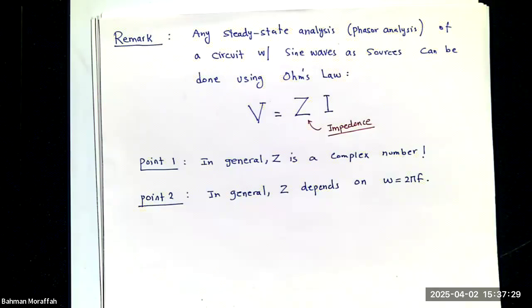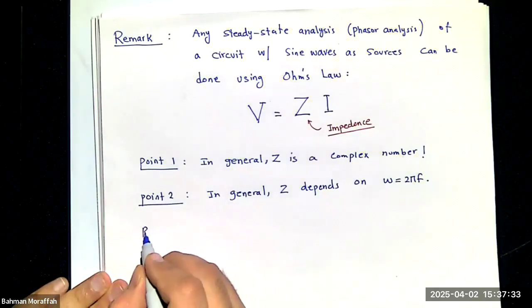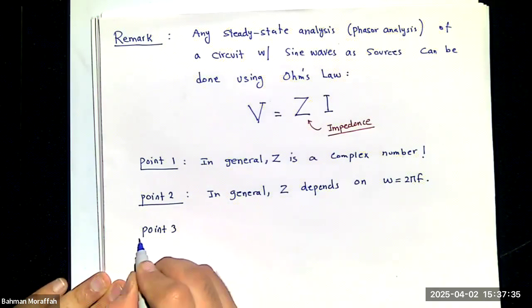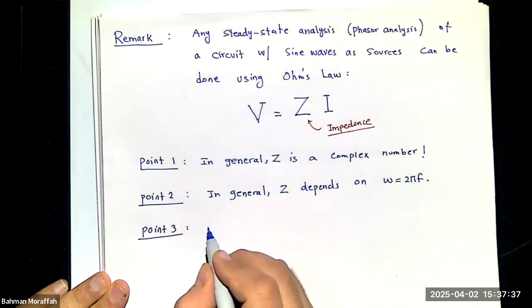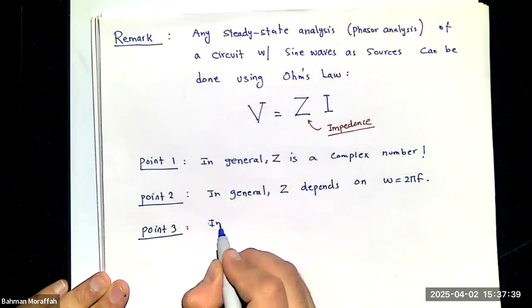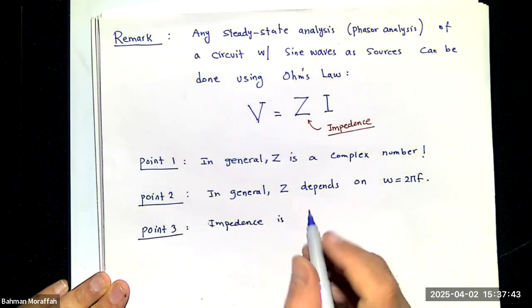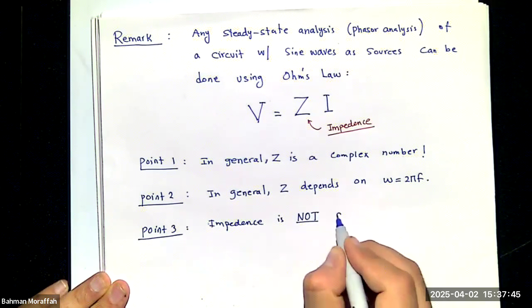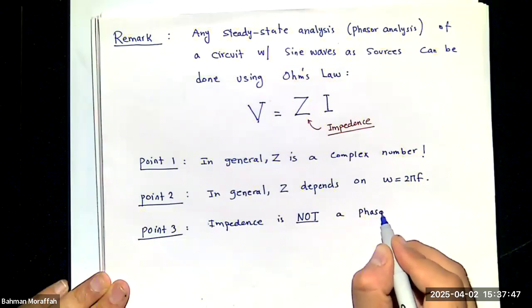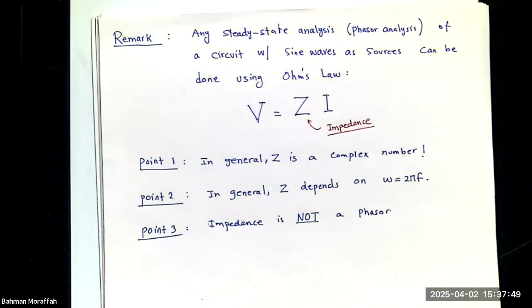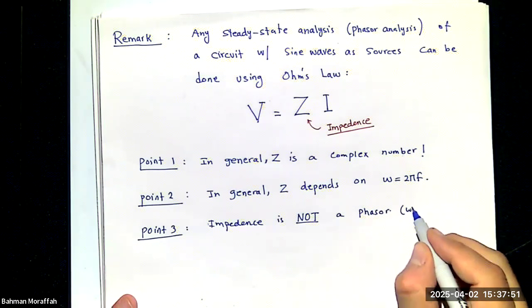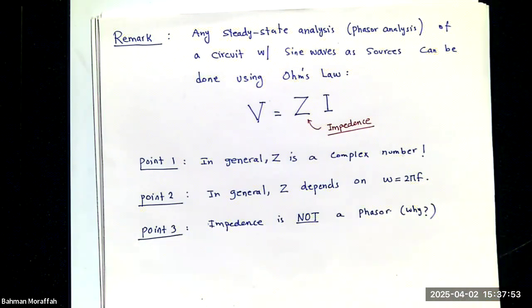Impedance is just a complex number. Point 3: impedance is not a phasor. Why? We just explained why.